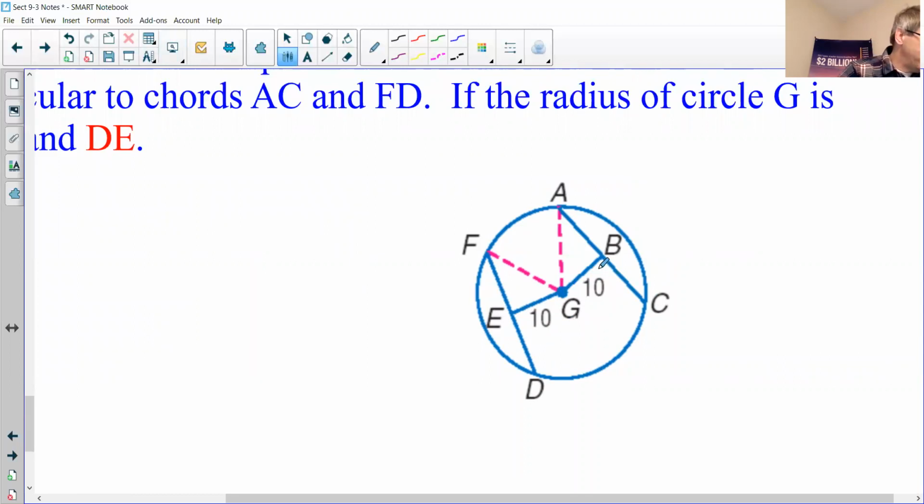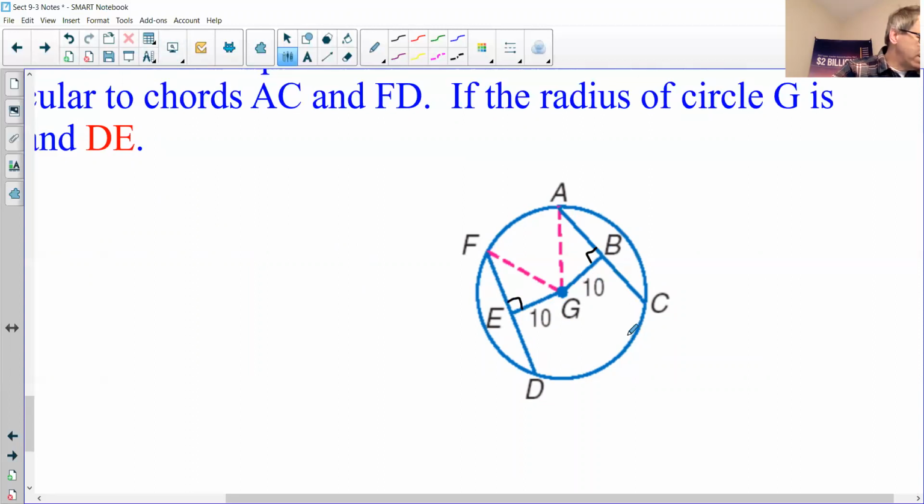It says BG and EG are perpendicular to chords AC and FD, so we note that in there. Those are perpendicular, we'll make little corners. They're equidistant, so we've got this 10 and this 10. We can conclude that this is going to equal this.